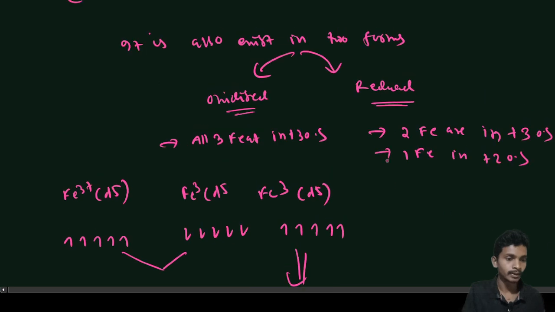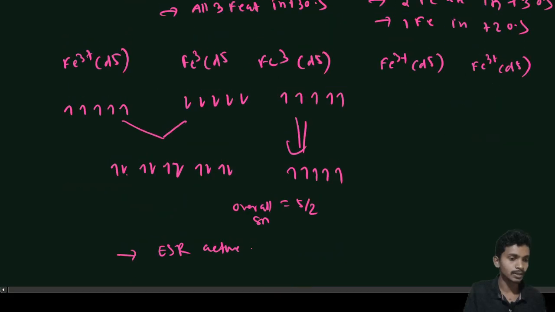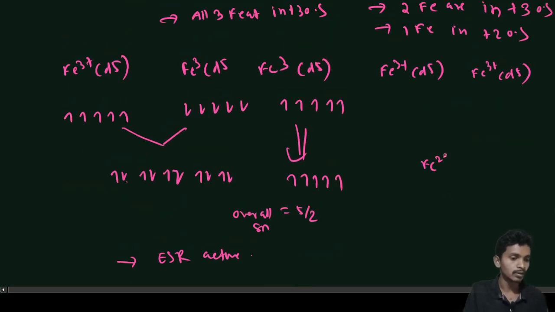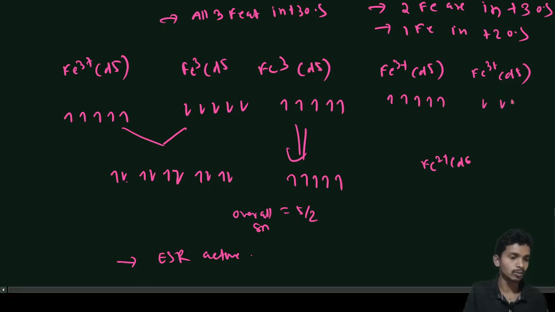Again, in this case two Fe are in +3 oxidation states, so Fe3+ means D5, and Fe3+ also D5, and one Fe is in +2 oxidation state, that is D6. So these are, let's say, 1 2 4 5, and this is 1 2 3 4 5. If you do antiferromagnetic coupling, then these will be paired, but this will remain as unpaired electrons.